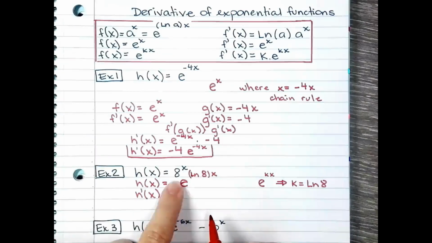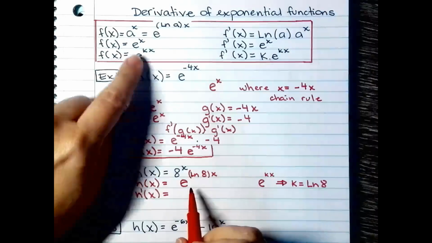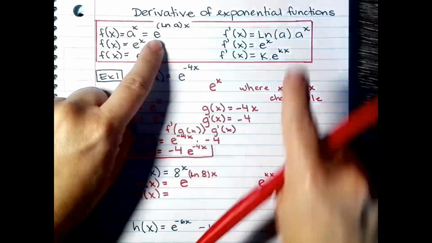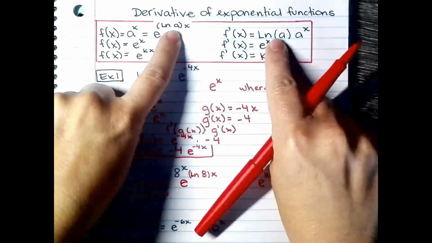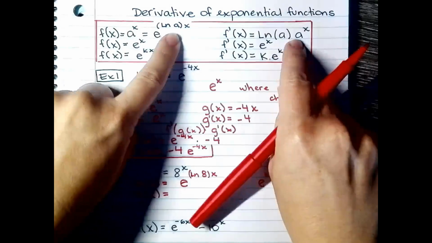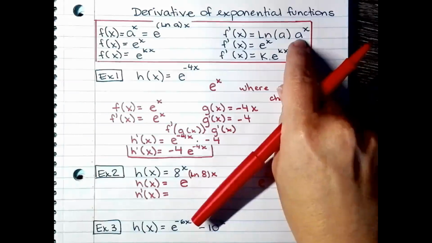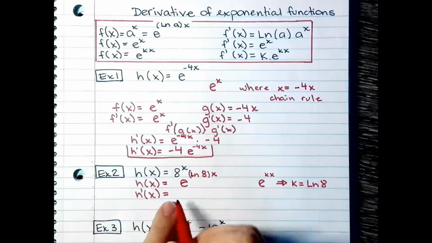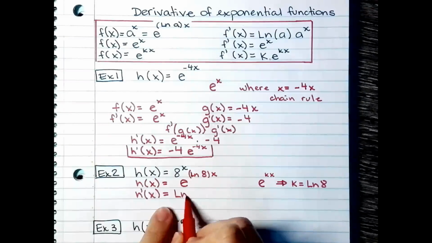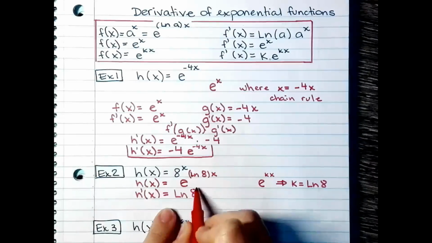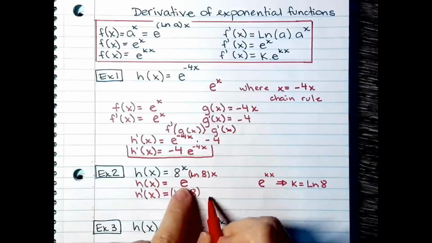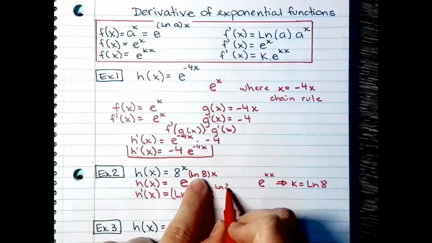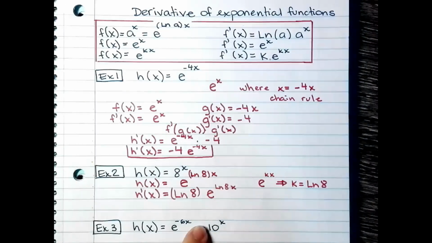To find the derivative of this function, the derivative of base e, I can rewrite this as natural log of whatever the argument is, and then I bring the function back up, whatever the argument was, raised to the power of x. So I have natural log of 8, and then I have base e, and natural log of 8 times x.